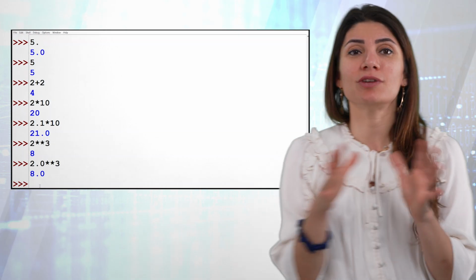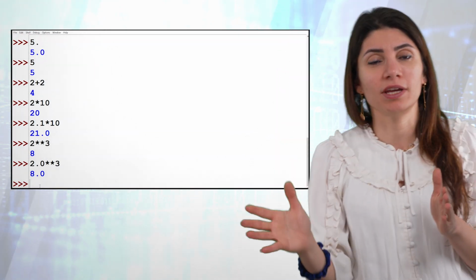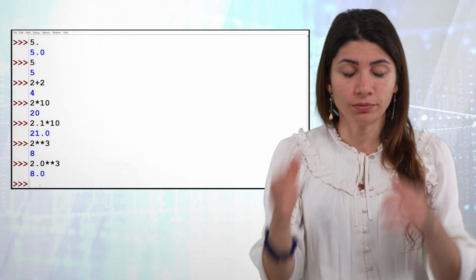So if I have 2 to the power of 3, the result is going to be 8. And since both operands are type integer, the result is going to be type integer. If I have at least one of them that is type float, the result is going to be type float, even though the fraction part is 0. It won't care about what the fraction is. It's going to keep the general form.